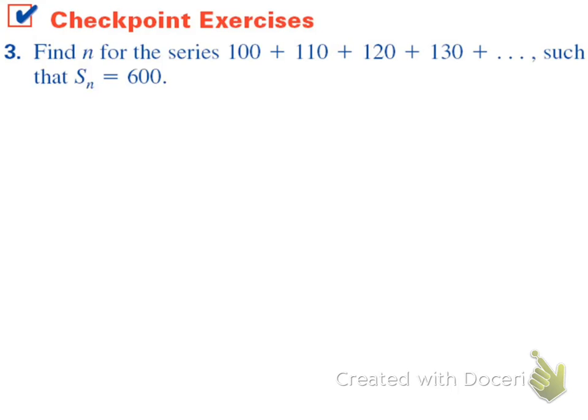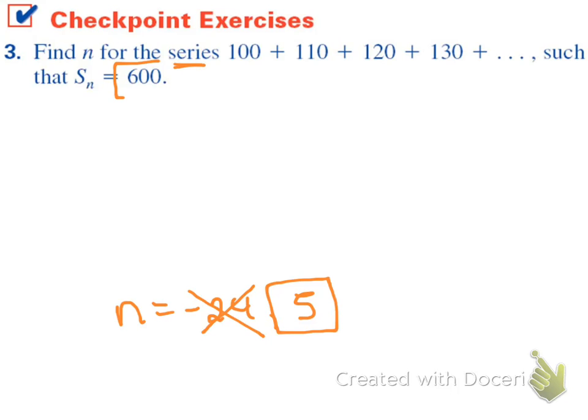After solving this problem, you were looking for the number of terms that you would need to add together to get 600. You should have gotten two answers, negative 24 and positive 5. Because we're looking for the number of terms, the number of terms cannot be a negative number, so we know it had to be 5 terms. The sum of 5 terms in this series would give you 600.